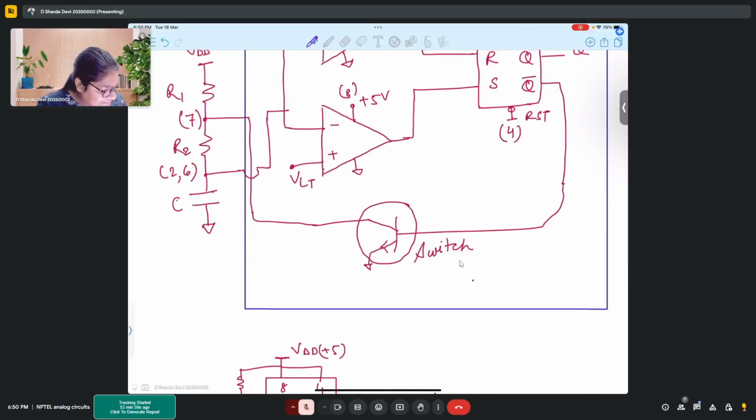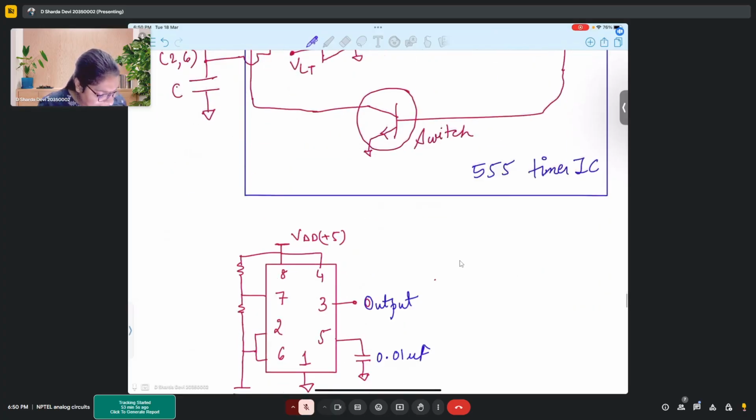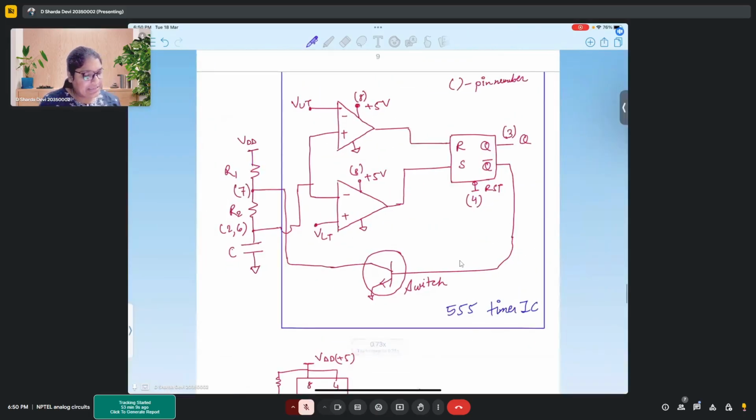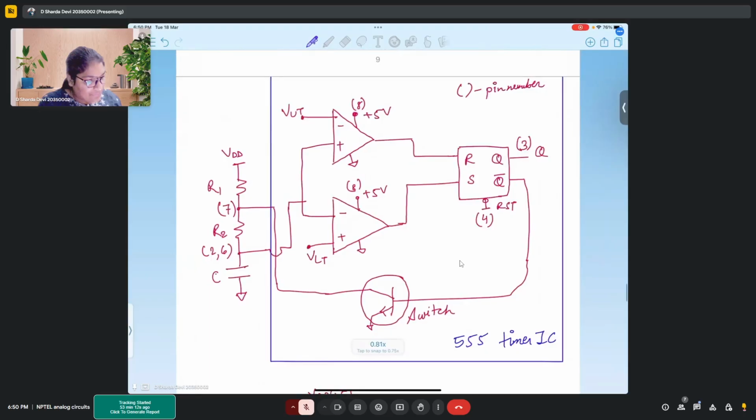Okay, so this is the IC 555 timer IC. This is what is inside the timer IC. It has two op amps followed by an RS flip flop and a switch.